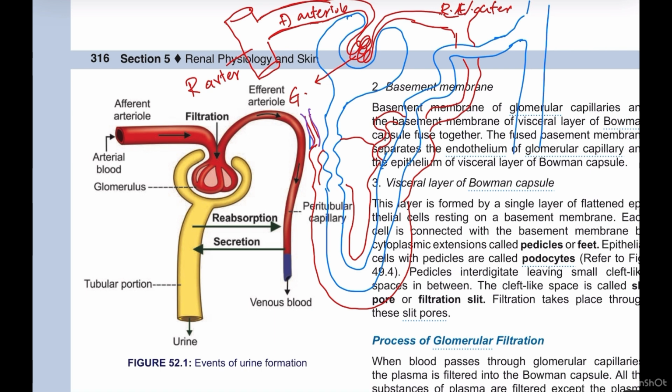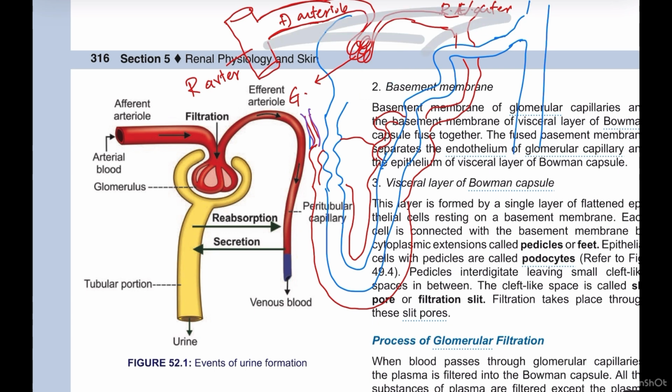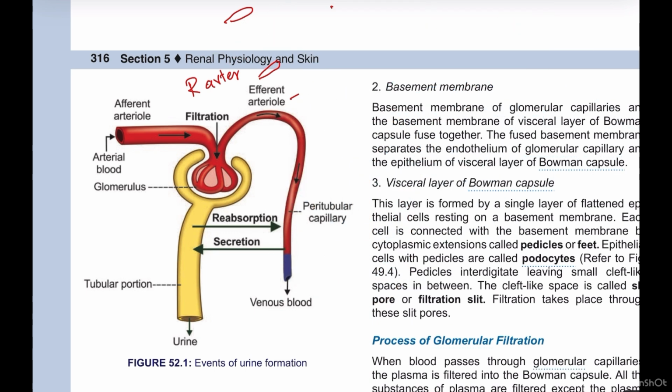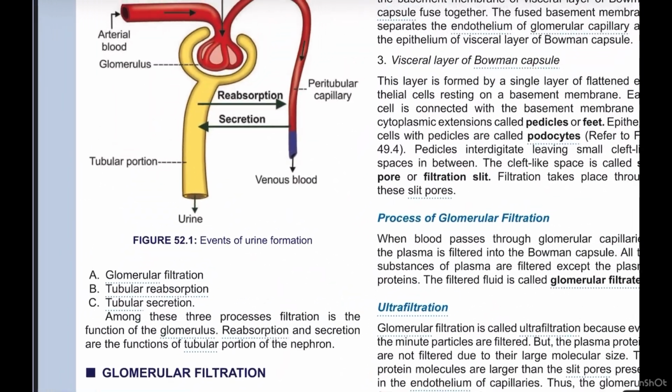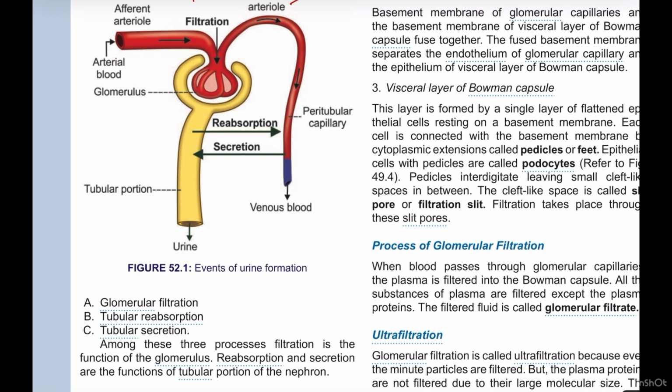Now let me explain in a still clearer way so you will get it. You can see this is Bowman's capsule, one of the parts of a nephron.